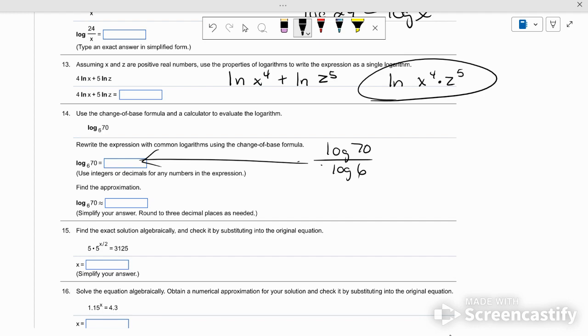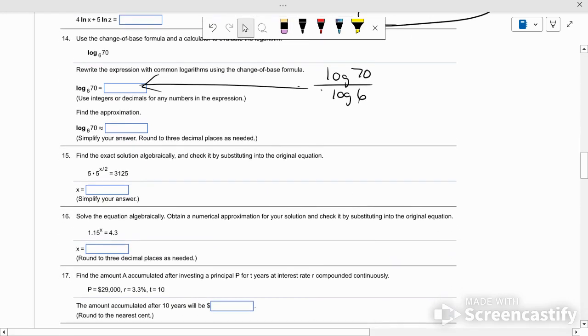And then you write that there, and then you divide, and what do we get here? Log of 70 divided by log of 6. 2.371.